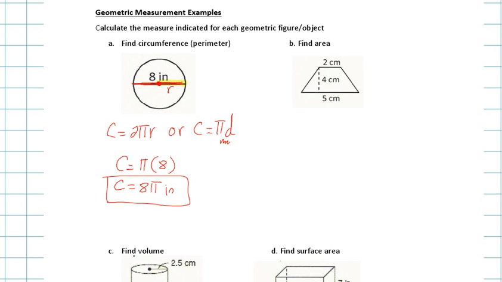Tell me what you get. 3.14 multiplied by 8, because we have 8 of them. 25.1327. 25.13.